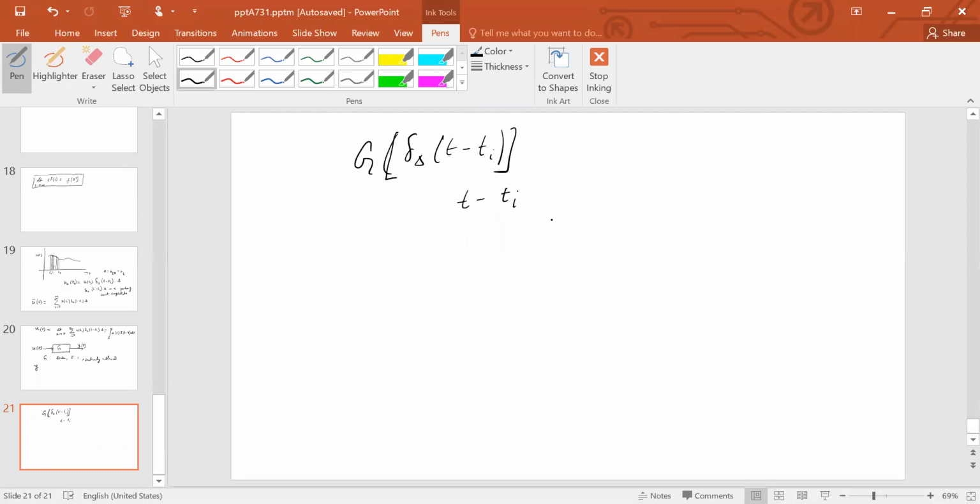If this were a time varying system, then it would depend on the instant when the input was applied and the instant when you are looking for the output. Okay, because here whether you apply an input at the 5th second and look at the output at the 10th second is the same as whether you apply the input at the 105th second and look at the output at the 110th second. Okay, because the system does not change over time, so it's only the difference between the instant at which the input is applied and the instant at which you're observing the output that matters. In layman's terms, essentially that is what it is.